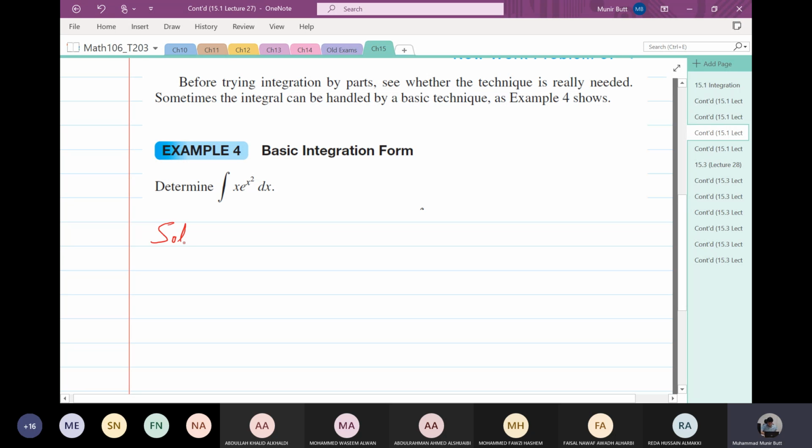So here we are getting the solution. Okay, so what can we do here? What will be the first function, what will be the second? But here you see it will be complicated, and we have solved this question before, you remember?